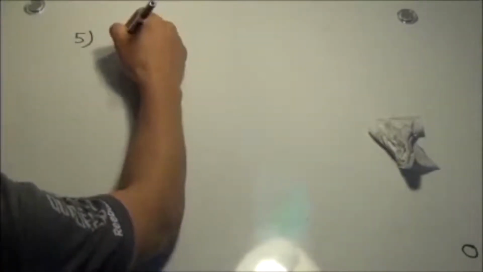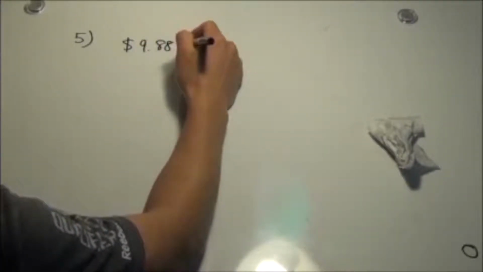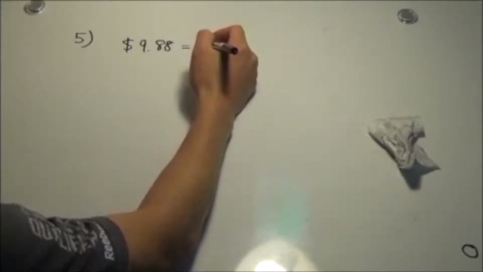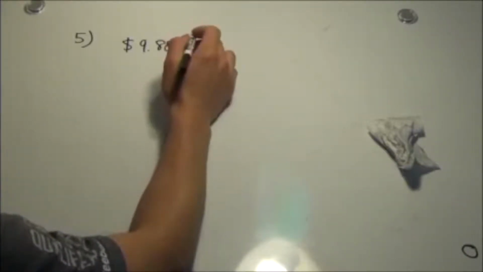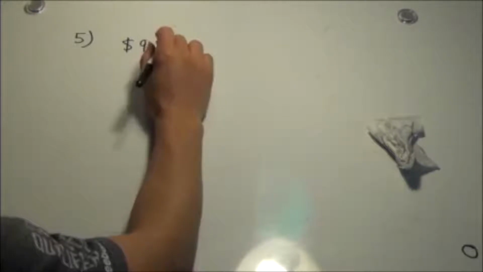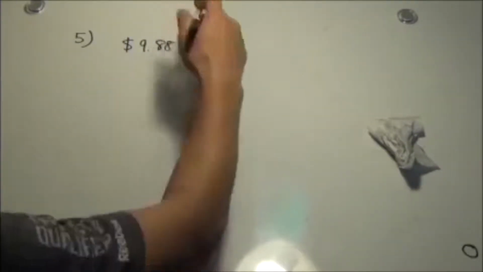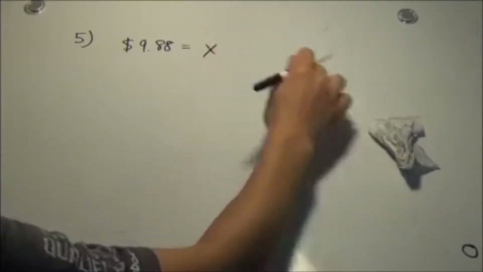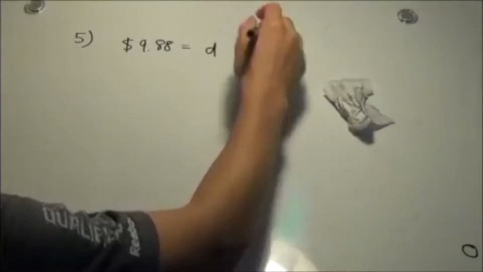So we know that $9.88 included her 4% transaction fee, right? So first we'll have to find what her purchase was in dollars. Let's call it D for dollars.